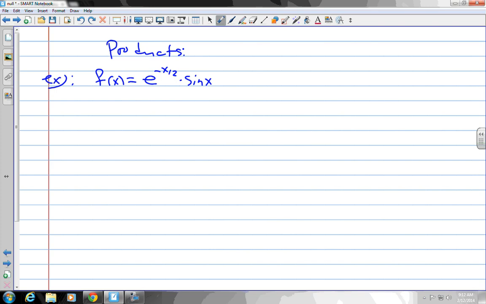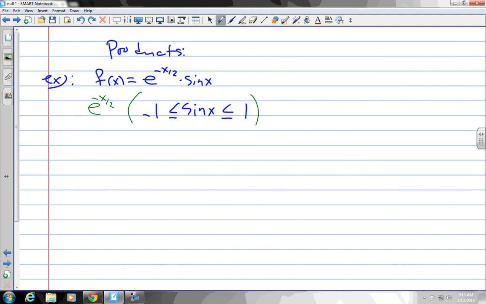It will come down to our understanding that no matter what, sine x is bounded by -1 and +1. That's just the way the sine works, right? That's the range of the sine curve, between -1 and +1. What I'm going to do now is multiply all sides of this by e to the negative x over 2.